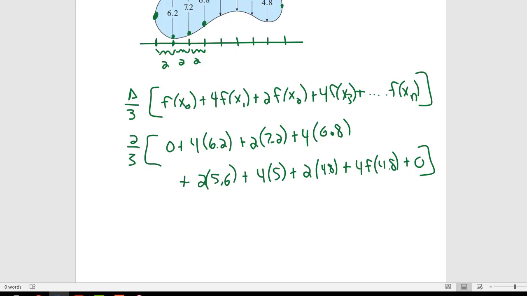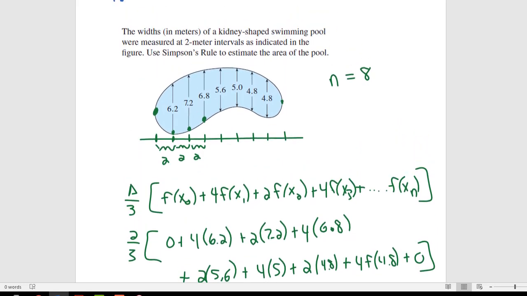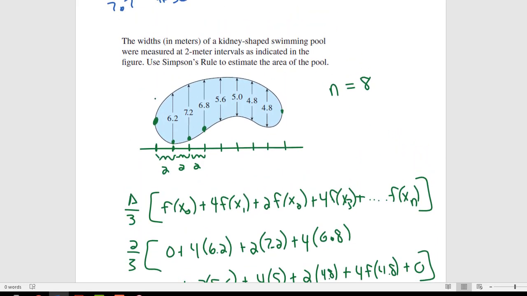pool. Now, remember, let me back up for a second because I didn't mention this. We're finding the surface area of this pool. We're using intervals to estimate the area of the pool. So remember, area is the integral of a function dx from a to b.